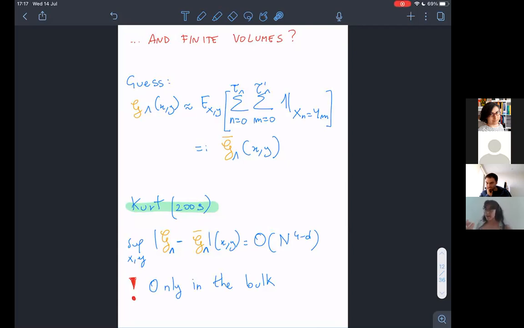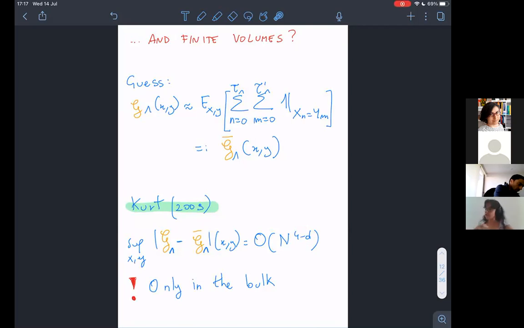So this expression of intersection local times stopped at exiting lambda is close to the true covariance matrix of the membrane model, but it's not quite the same. This approximation is a nice approximation whenever d is larger than 5, and it's actually a bulk approximation.